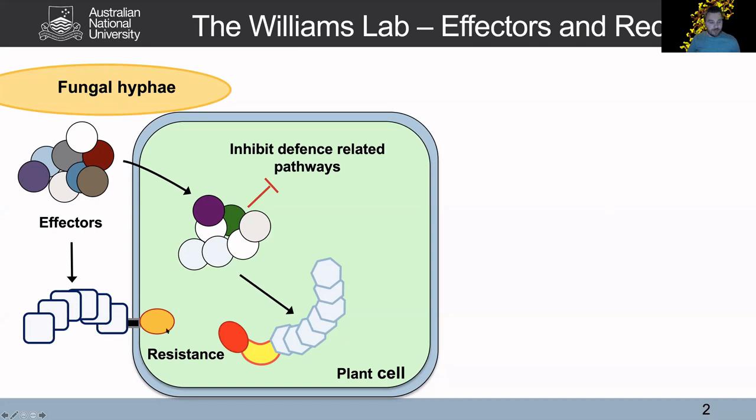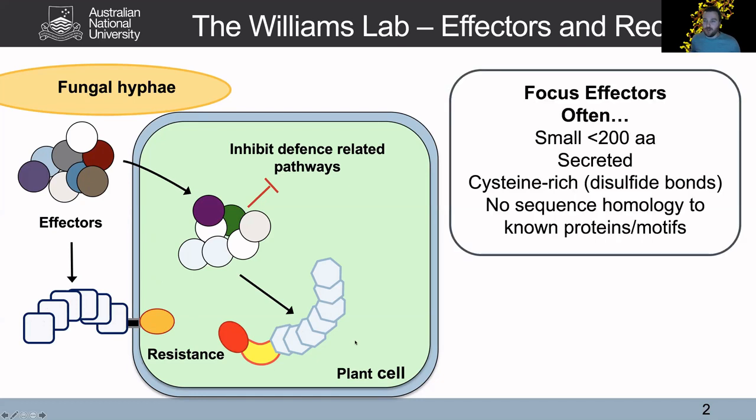We're also really interested in recognition at the plant level by disease resistance proteins, either resistance proteins that are known to survey the apoplast and interact with the apoplastic effectors, and also the NLR resistance proteins, the intracellular resistance proteins. But for my talk today, what I am going to focus on is effectors.